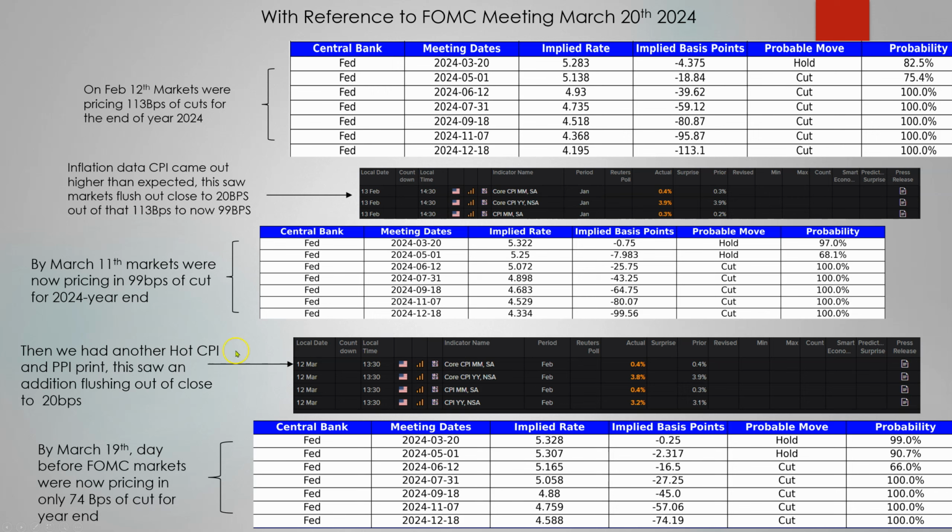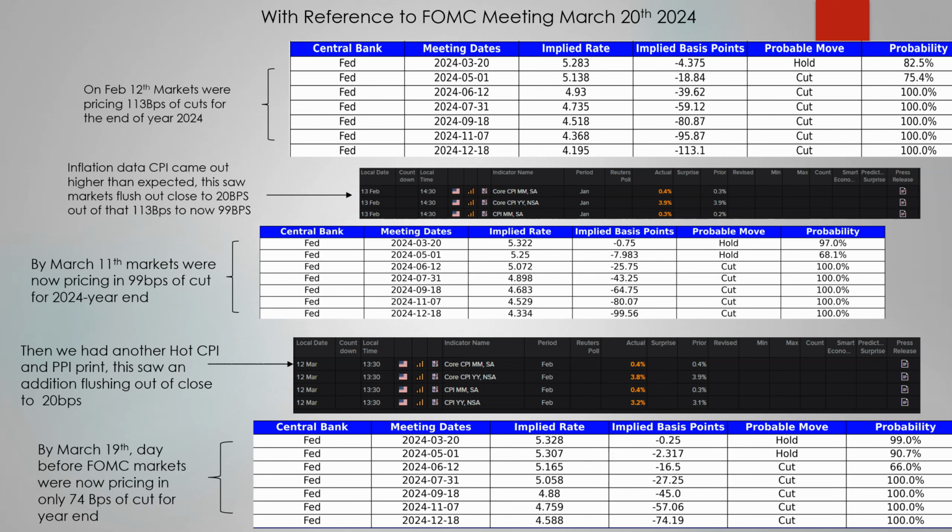So after we had this updated interest rate pricing, we had CPI data for March, prior to the FOMC meeting. We had CPI data, we also had PPI data, and these events also came out higher than what the markets forecasted. So it was actually a hot marginal print, which obviously gives strength to the currency.